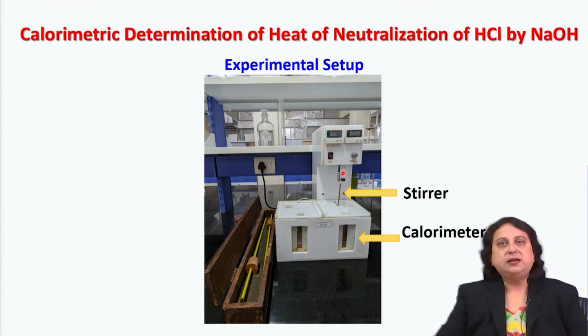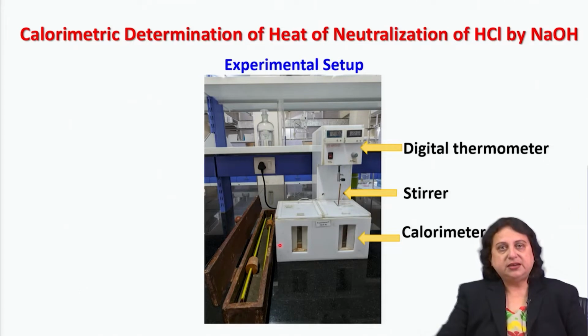And in this experiment, we are going to use a stirrer that uses electrical energy for the stirring action. Therefore, I would require a switch to power on the stirrer and a regulator which controls the speed of the stirrer. And as you see, attached to the calorimeter, there is another panel which gives you a digital display of the temperature of the two compartments that you see here.